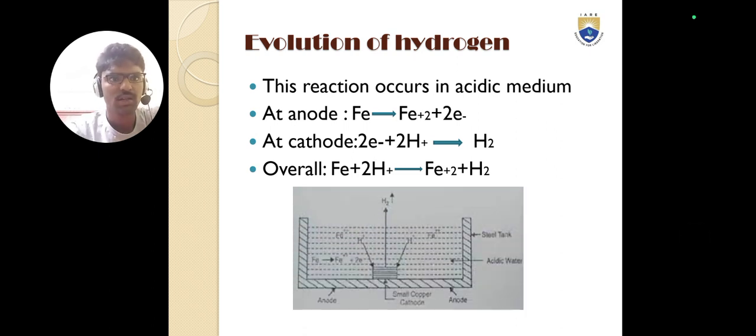Here is a small image. We can see a steel tank containing salt water, in which a metal is immersed. The following reactions take place, but instead of iron, we can take any metal, and here we can take copper.